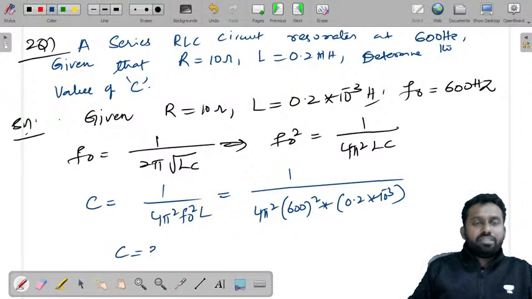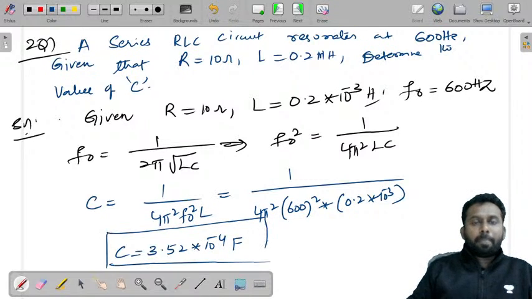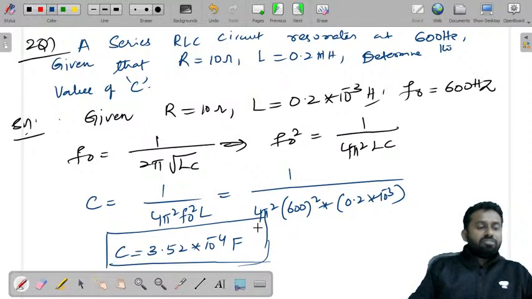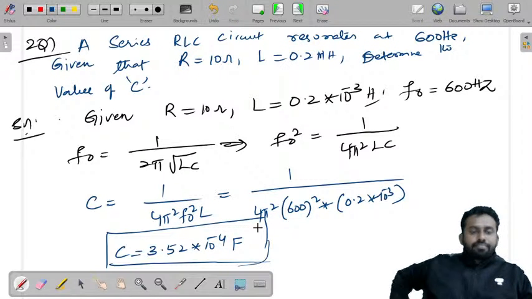This will give you C is equal to 3.52 into 10 power minus 4 farad. This is how you can determine the value of C for the given question.